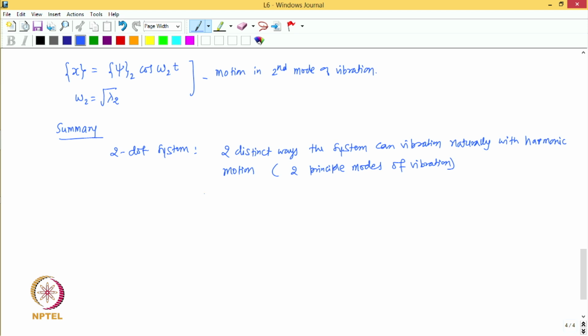And these two principal modes are associated with natural frequencies and corresponding mode shapes. Right.